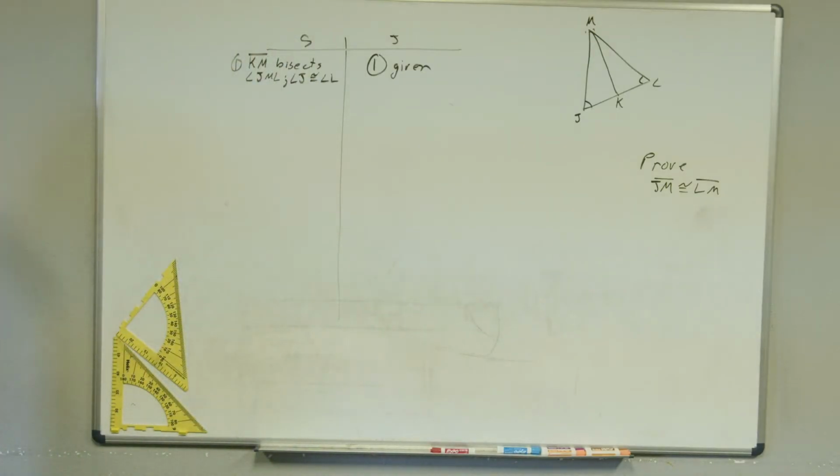All right. So, what does KM bisecting angle JML tell us? Let's start with that. Something's congruent.